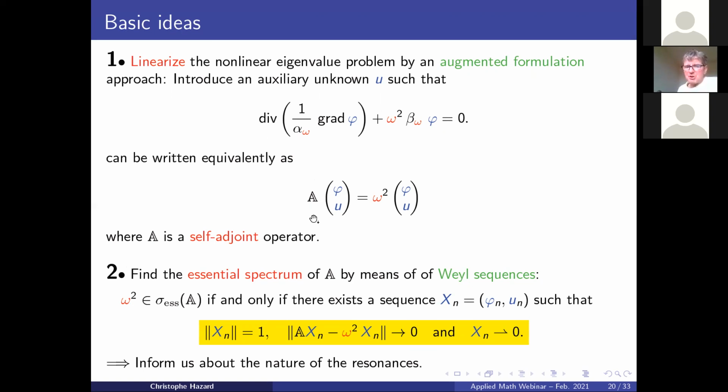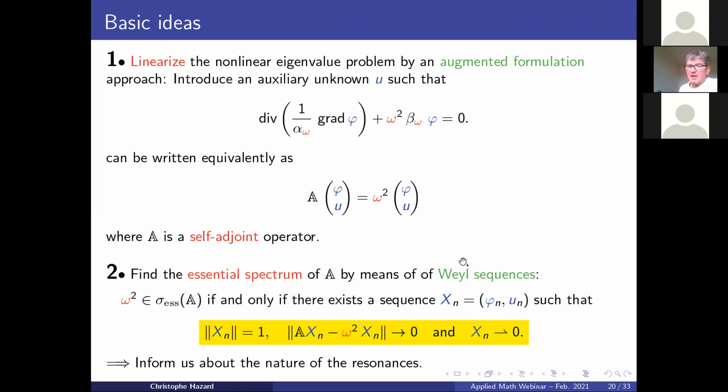In addition, I will not give the proof, but we will see that A is a self-adjoint operator. And once I have done that, I will find the essential spectrum of A by means of Weyl sequences. What are Weyl sequences?